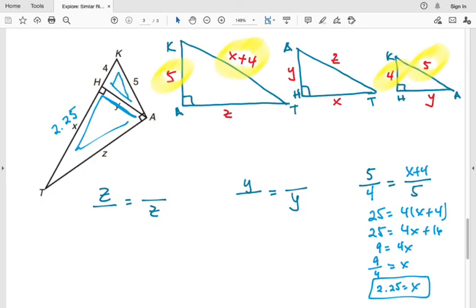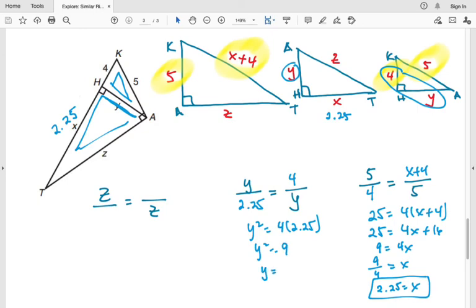So we're going to do this y right here with the 2.25, which was right here, and we're going to relate it with these two right here. So you're going to say y over 2.25 equals 4 over y. And then cross multiply, so I get y squared equals 4 times 2.25. So that gives you y squared equals 9, so y equals 3.